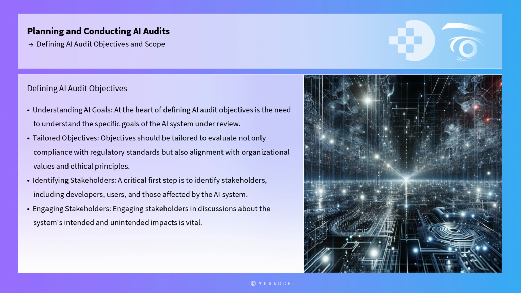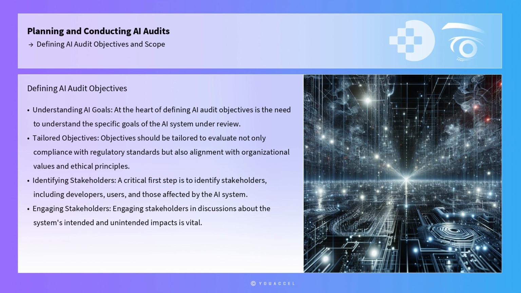At the heart of defining AI audit objectives is the need to understand the specific goals of the AI system under review. Objectives should be tailored to evaluate not only compliance with regulatory standards, but also alignment with organizational values and ethical principles. A critical first step is to identify stakeholders, including developers, users, and those affected by the AI system.